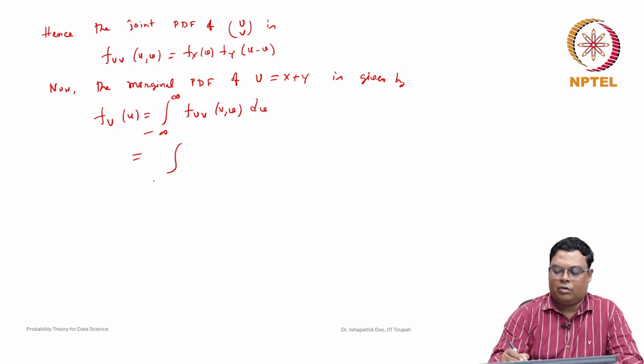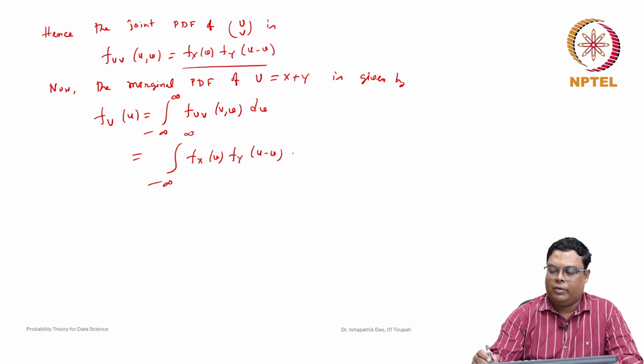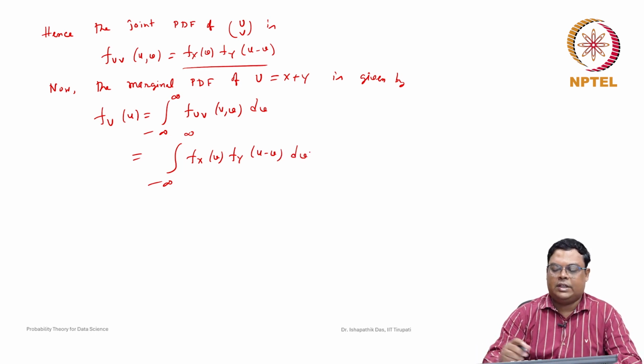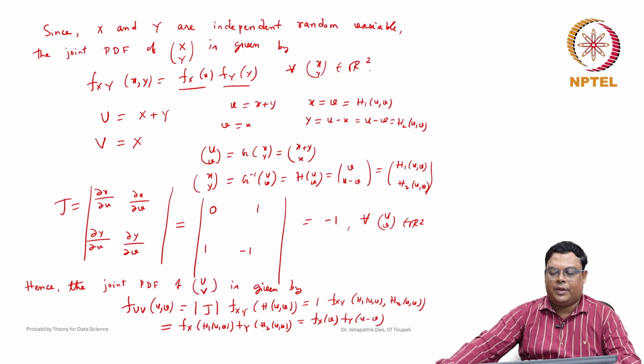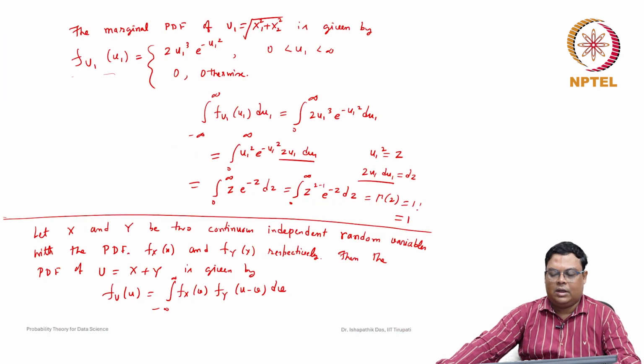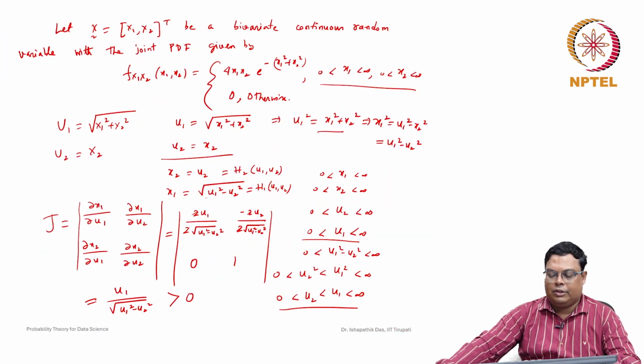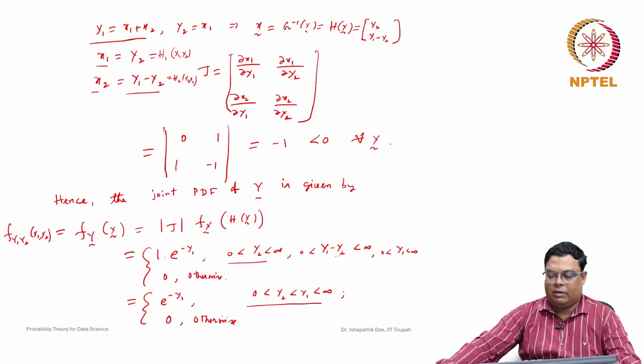So this is the integral from minus infinity to plus infinity of fX of v and fY of u minus v, that we found, dv. This is the theorem, actually, you can see that it is given here.